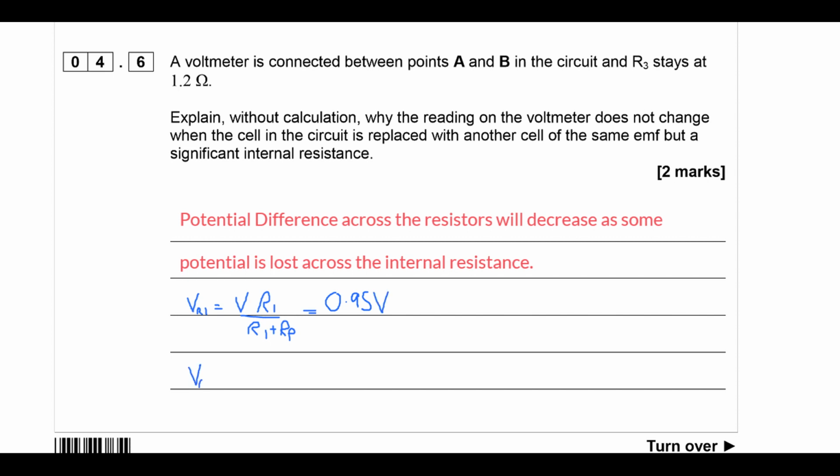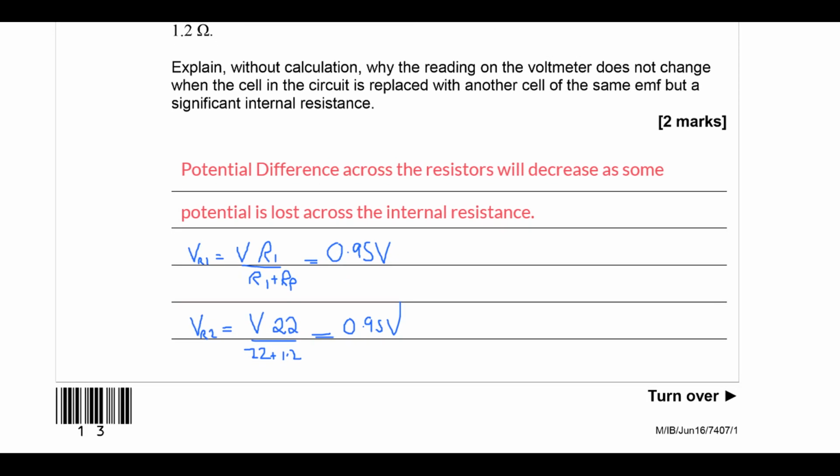Potential difference across R2 is still the terminal voltage, because that's the potential difference. So its resistance was 22 over 22 plus 1.2. So let's do that. 22 divided by 23.2 gives you 0.948, so 0.94 volts.